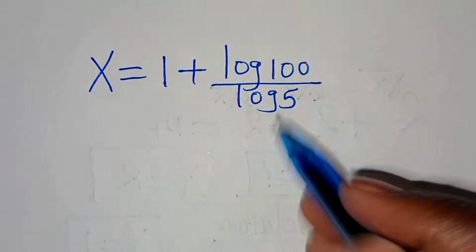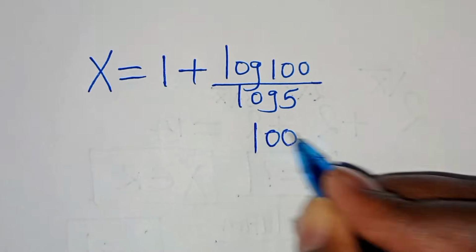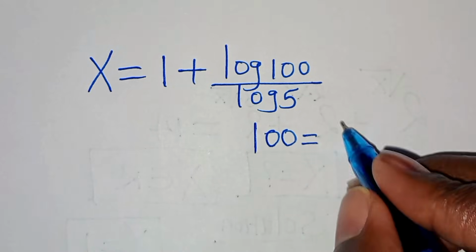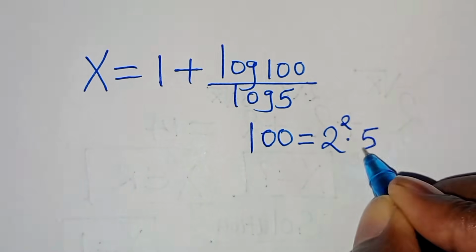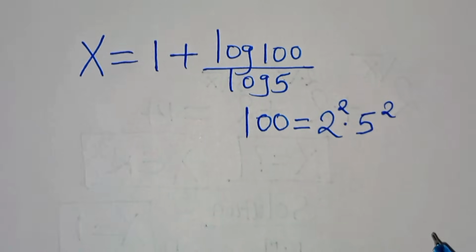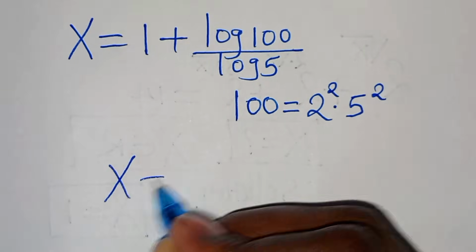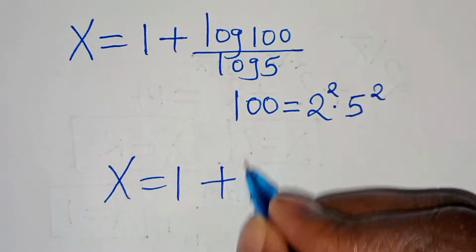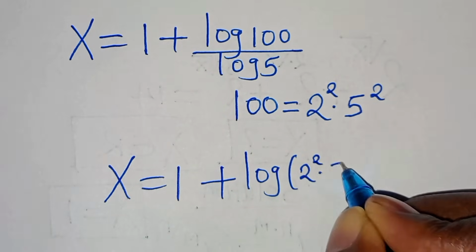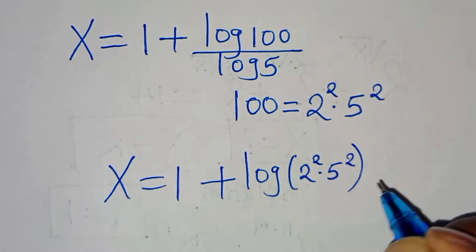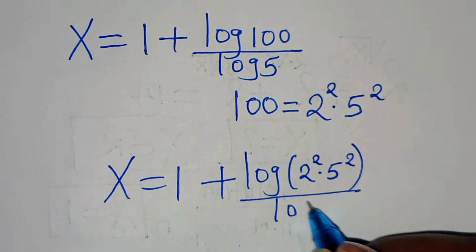The next step from here, we can express 100 as 2 to the power of 2 multiplied by 5 to the power of 2. So x is equal to 1 plus log of 2 to the power of 2 multiplied by 5 to the power of 2, divided by log 5.